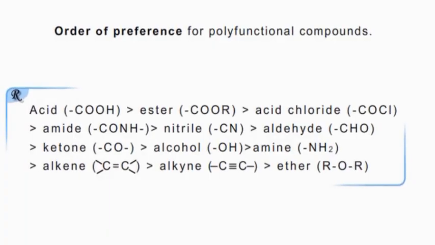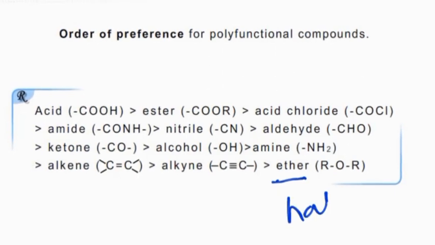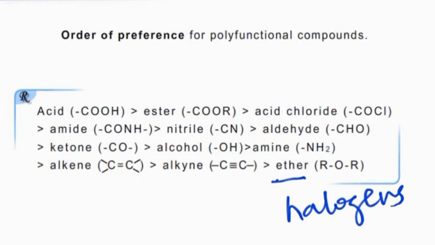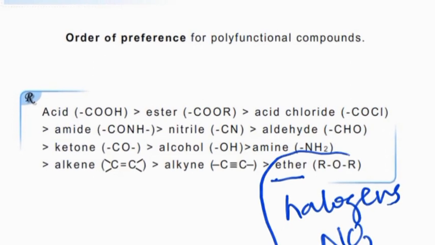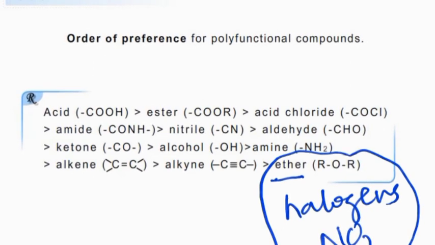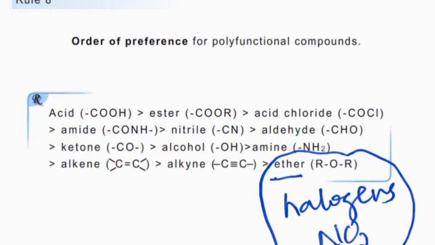Then what comes into the picture is the substituents. I told you there are a few more substituents: ether (ROR), then halogens, then nitro.